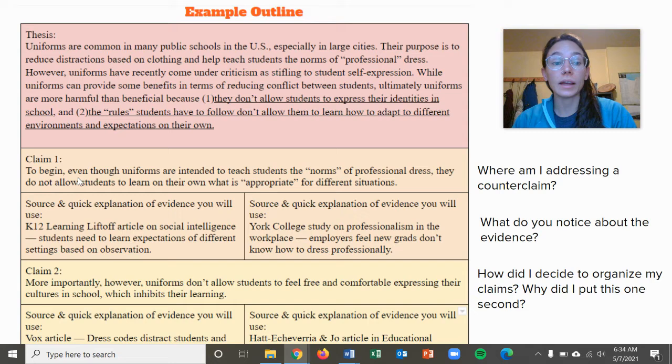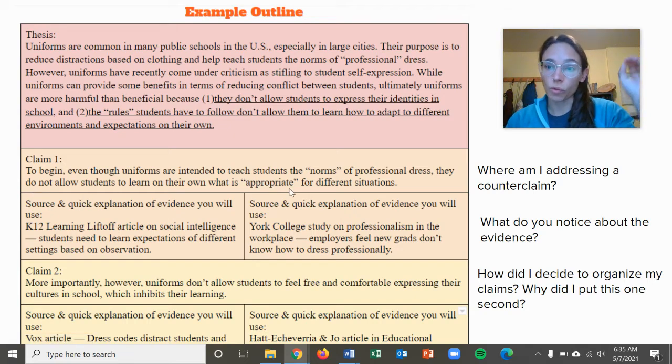So where it says, even though uniforms are intended to teach students the norms of professional dress, that is a positive about uniforms, or that's what they're intended to do. And I'm still saying, here's why that's wrong, right?